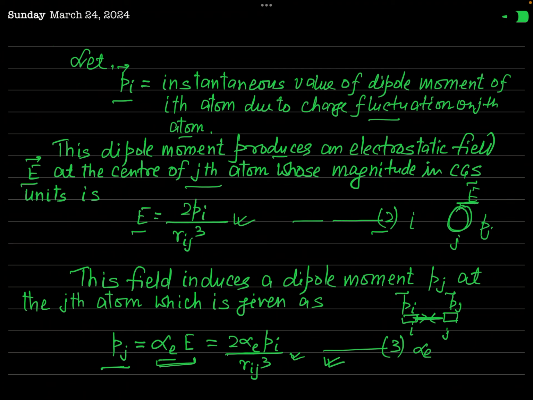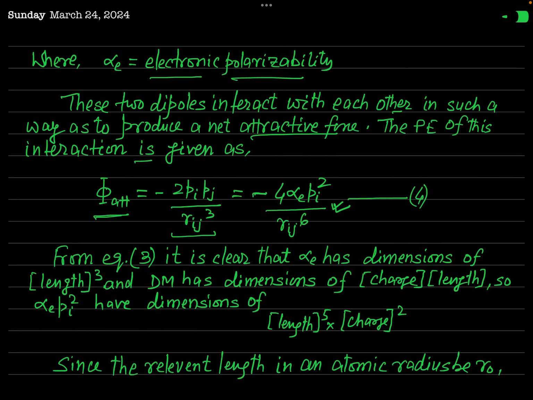So the dimension of alpha E will be the same as that of rij cube, but rij is length, so the dimension of alpha E will simply be length cube or L cube. So alpha E has dimensions of length cube.